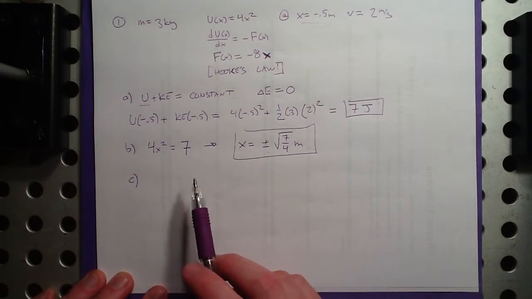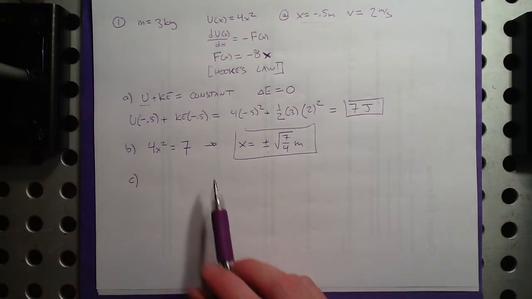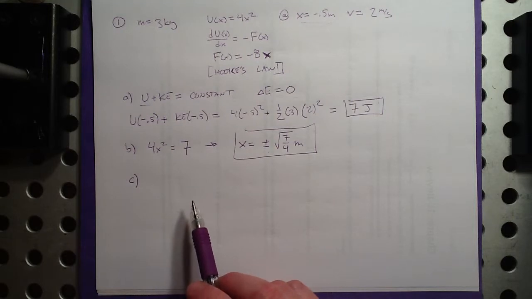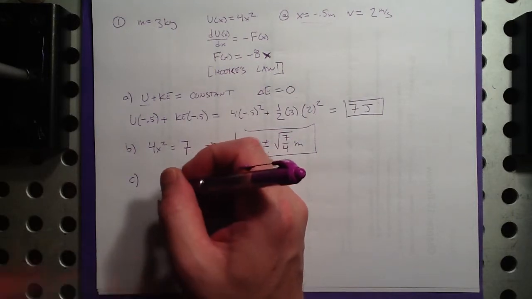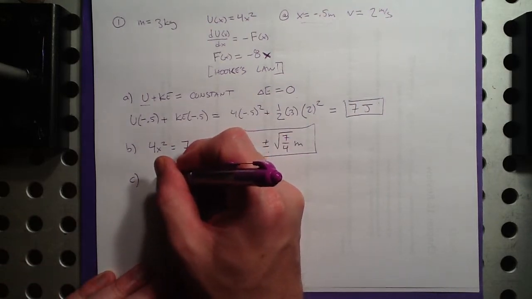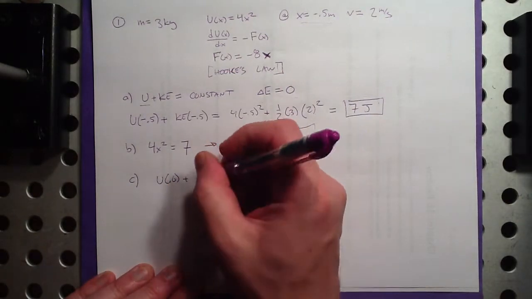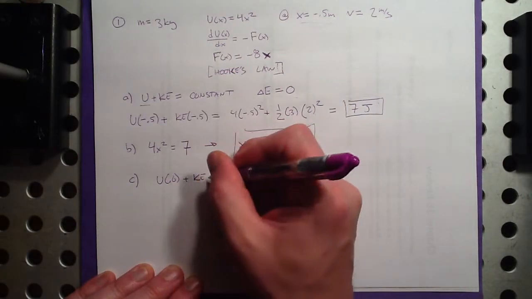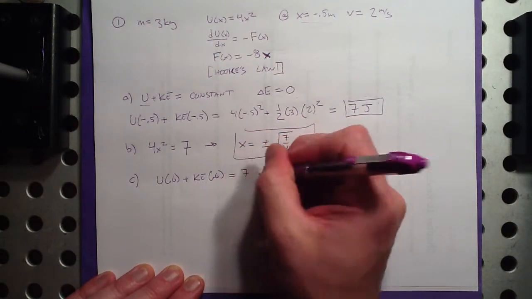Part C, calculate the magnitude of the momentum of the object. Well, let's see. So we can find velocities that can give us momentum. So at 0.6, we have the potential energy at 0.6 plus the kinetic energy at 0.6 must be equal to 7 joules, right?